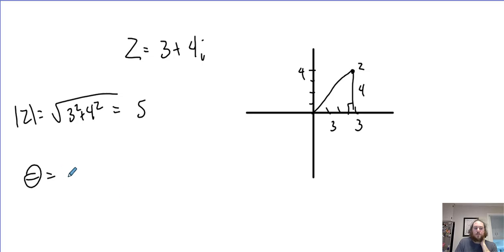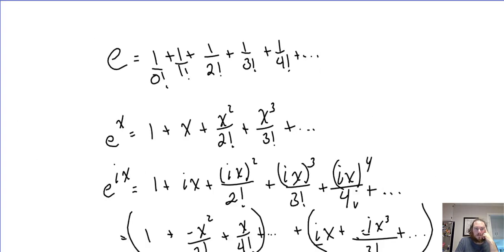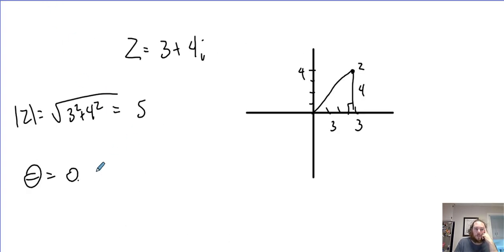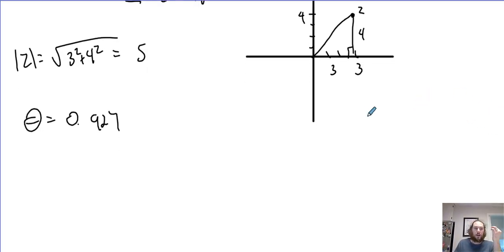We find the argument of z, which again was 0.927. And the nice thing is, in terms of using Euler's form, there's no more work than if we were to use polar form, right?